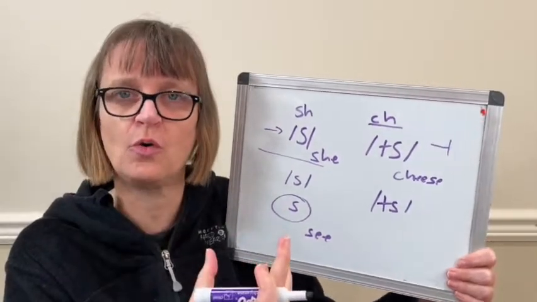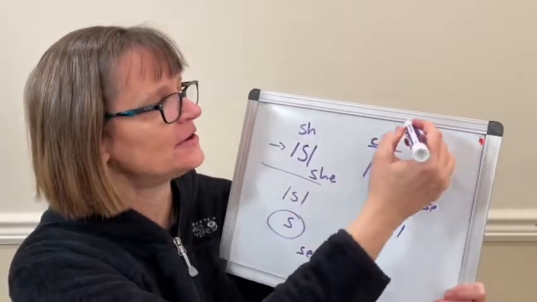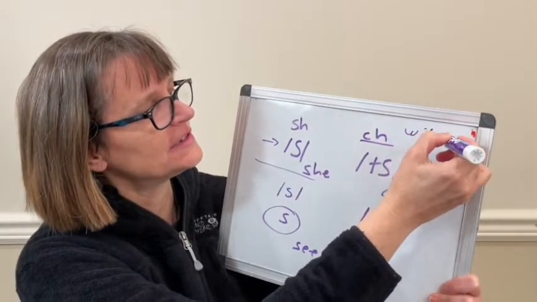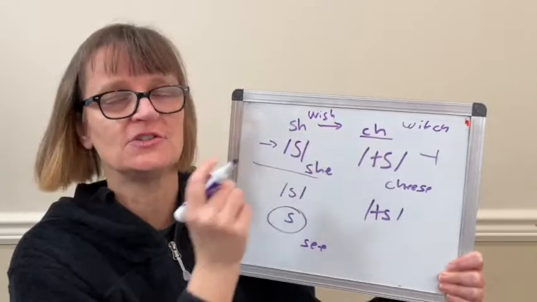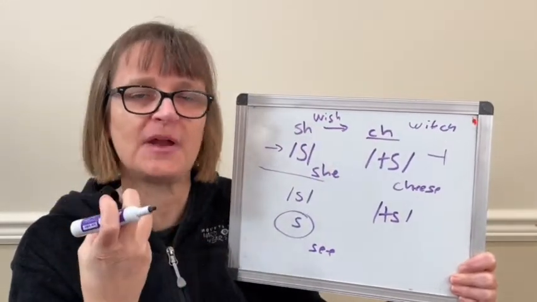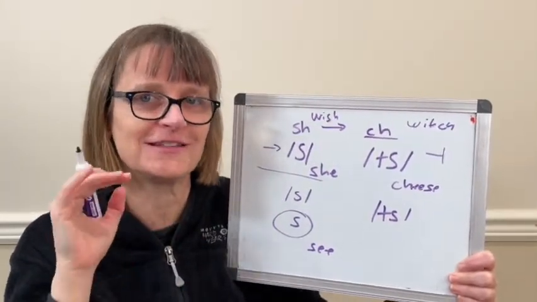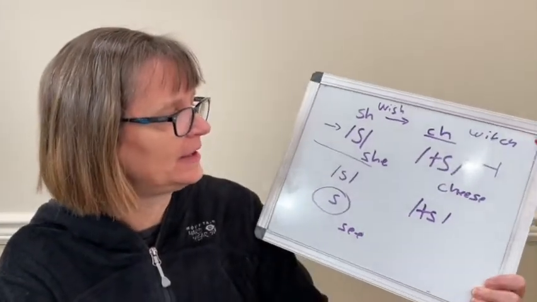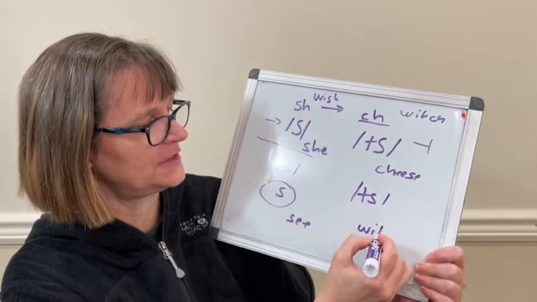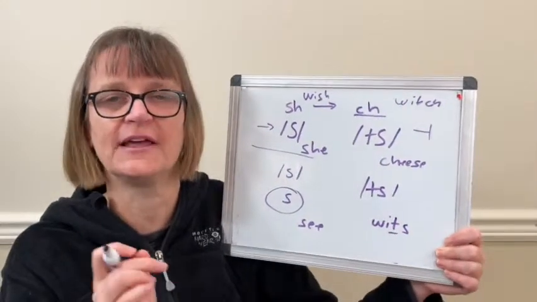I can't hold that. It's just one sound that pushes out, versus the word wish. When I do the SH sound, I'm not blocking the air. It's not an affricate sound. The sound can just continue and flow. And for this one also, the T doesn't continue, but the S would, like wits.